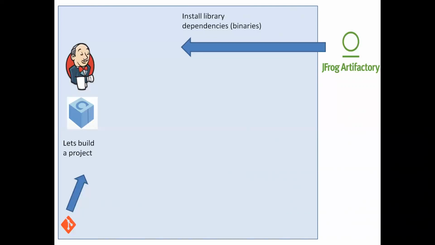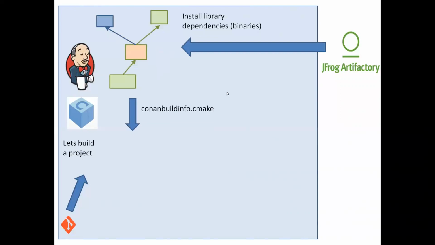So if you're building a library that depends on another one, and you don't want to rebuild the dependency, you just retrieve the dependencies from Artifactory. You install them in your Jenkins slave, you build the dependency graph, and then you generate the conan-buildinfo.cmake or the respective file for your build system from the information of those dependencies.